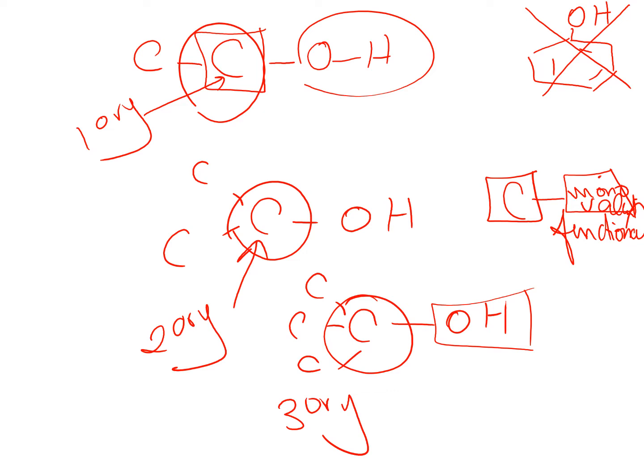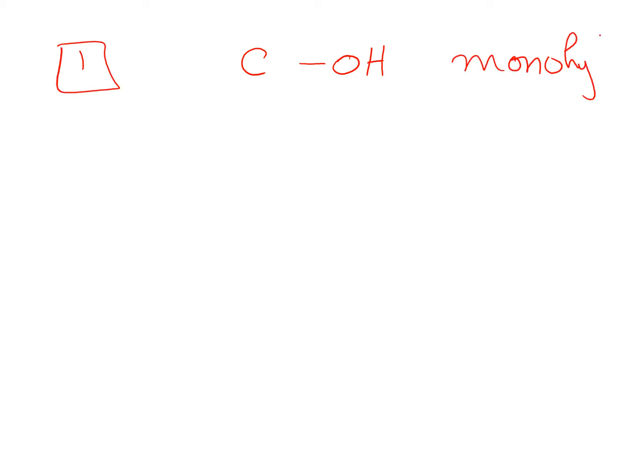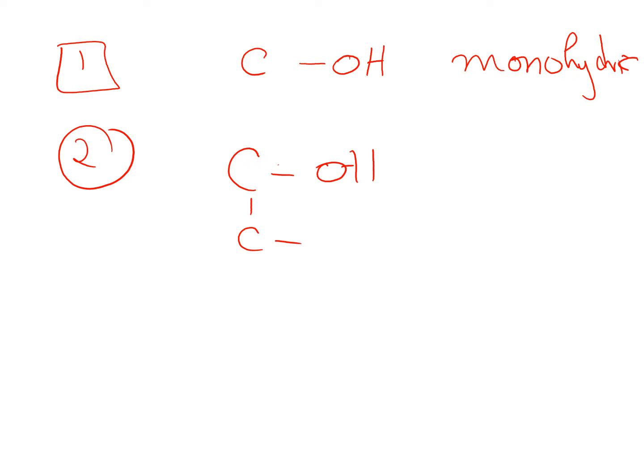Another classification that we have for the alcohols relies on the number of OHs available in the compound. If we have one OH, then this is a monohydric alcohol. If we have two OHs, then this is a dihydric alcohol.